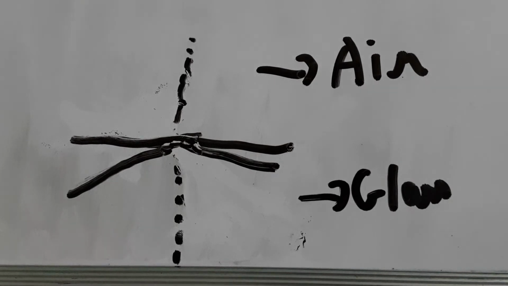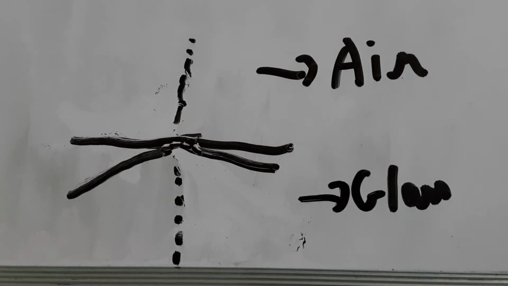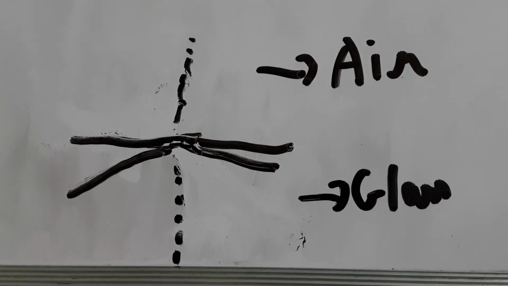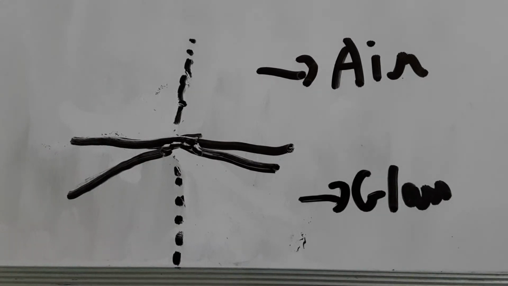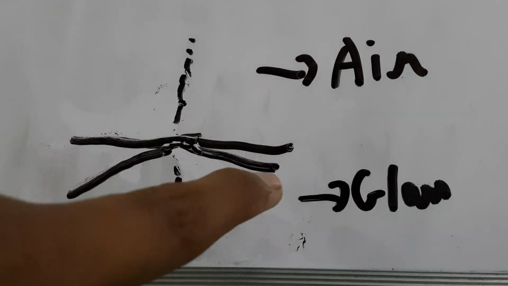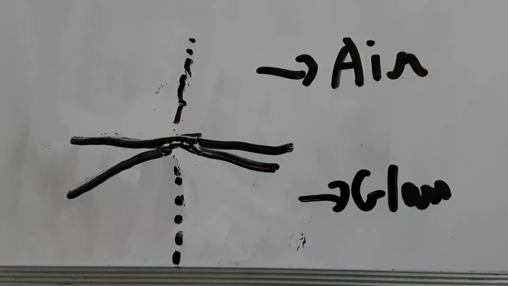So here, as you can see, there is no refraction because the light is not passing from one medium to the other. It's in the same medium. It's just getting reflected.